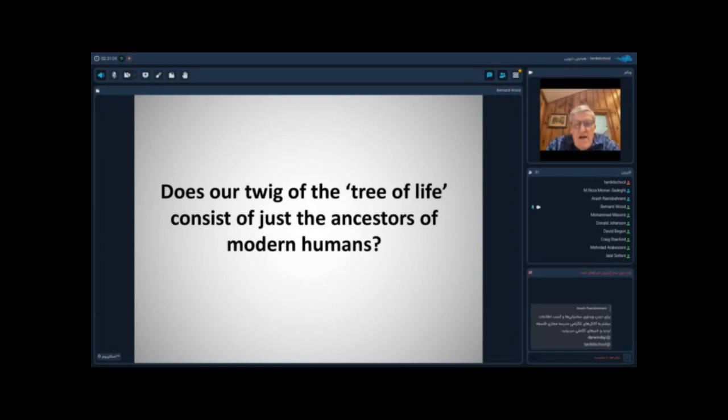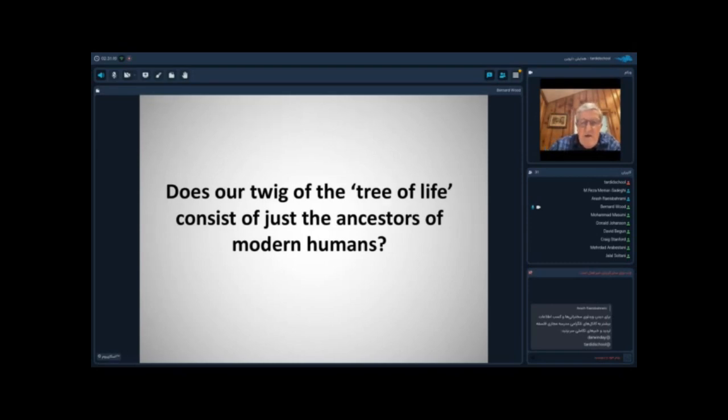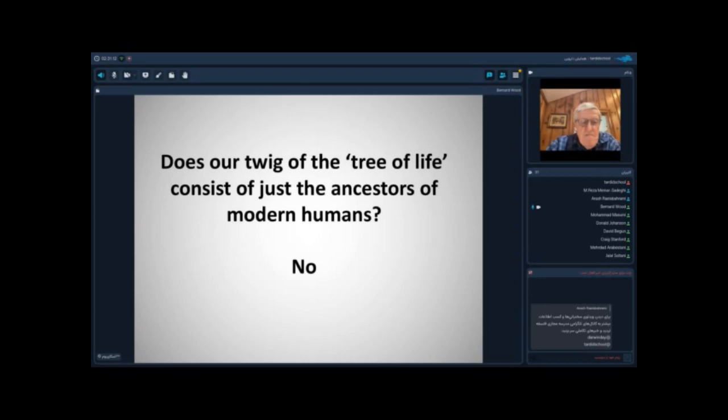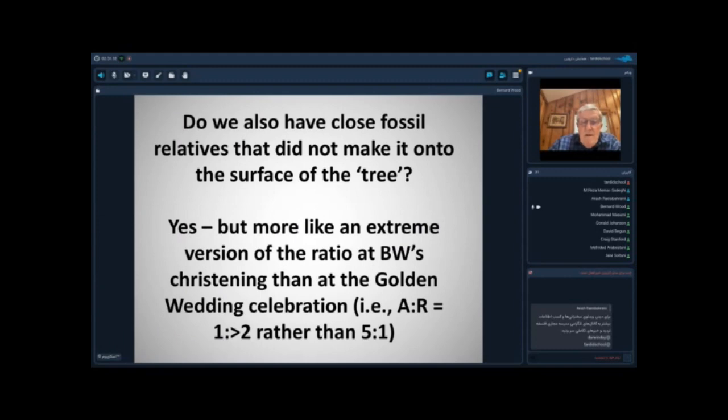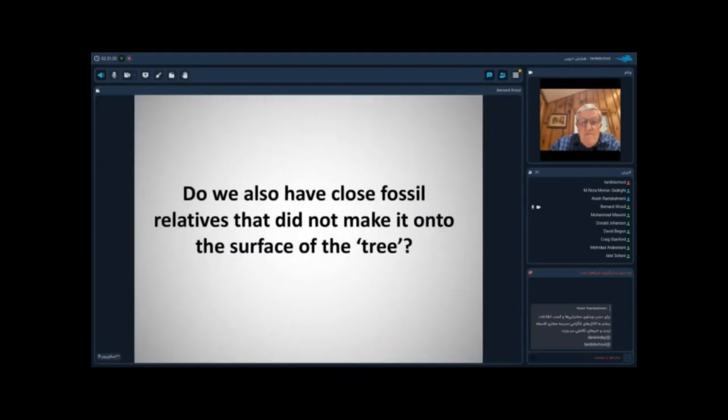So, does our twig of the tree of life consist of just the ancestors of modern humans? And the answer to that question is no. Do we also have close fossil relatives that did not make it onto the surface of the tree?